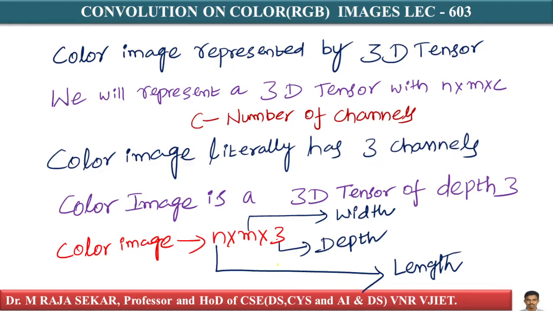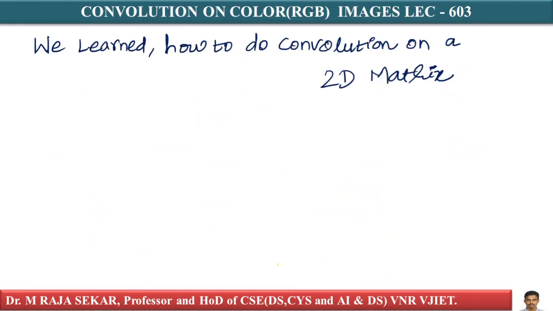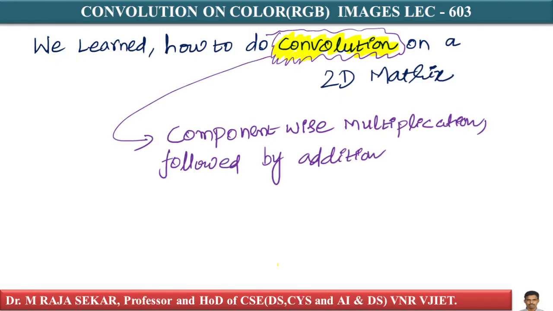Now for an RGB image, for a color image, an interesting question comes up. Okay, now we know how to represent a color image. Now how to do convolution? Remember, we learned how to do convolution on a 2D matrix, which is nothing but element-wise multiplication followed by addition.